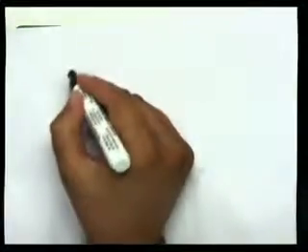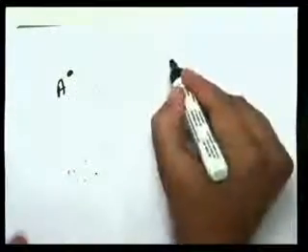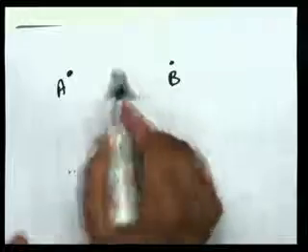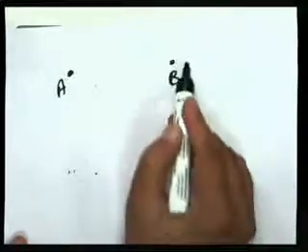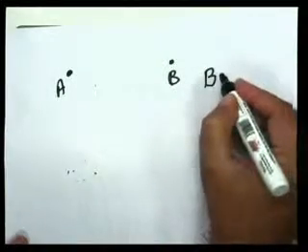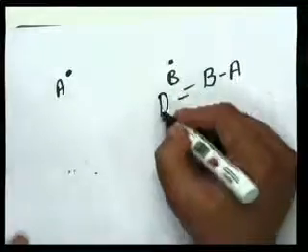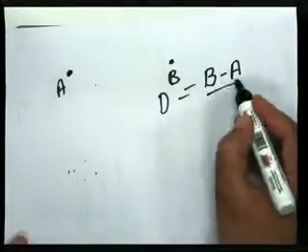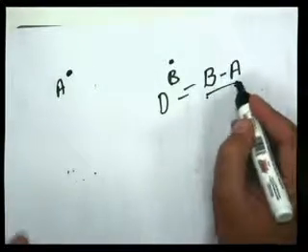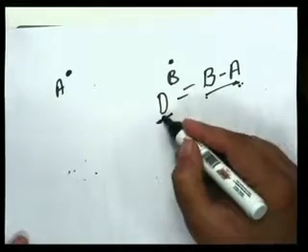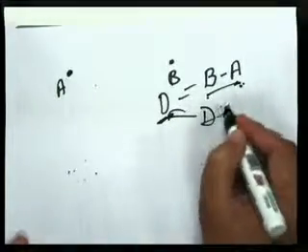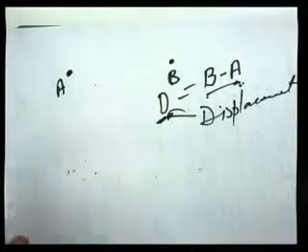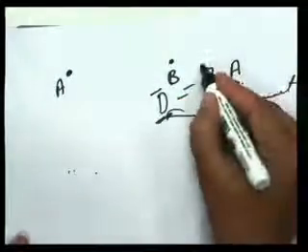When we want work done, suppose we have a body at a point A, and it is displaced to the point B, then we say that the displacement vector is B minus A. When we find the difference between B and A, it is called the difference vector, or a displacement.